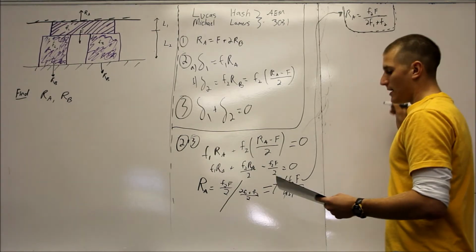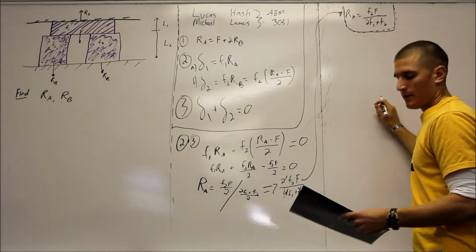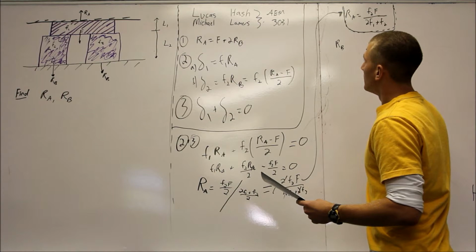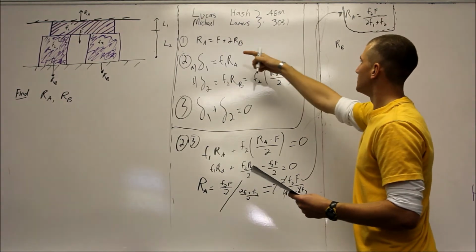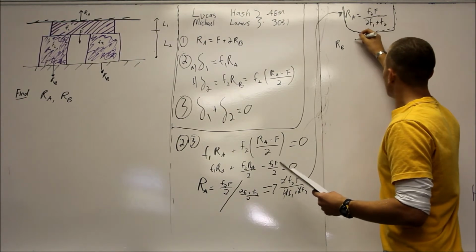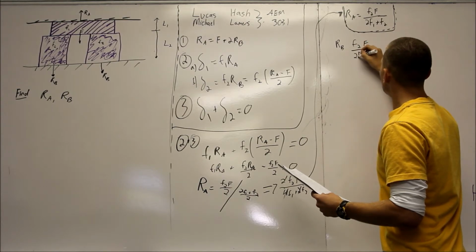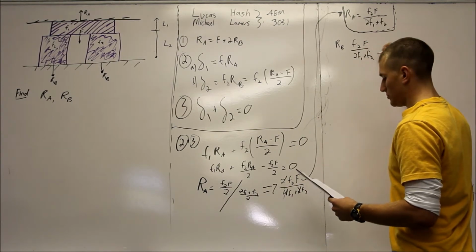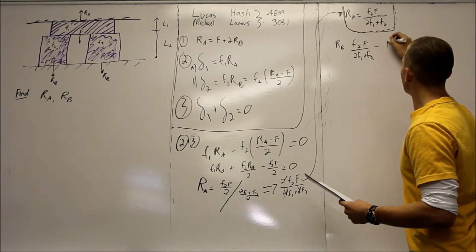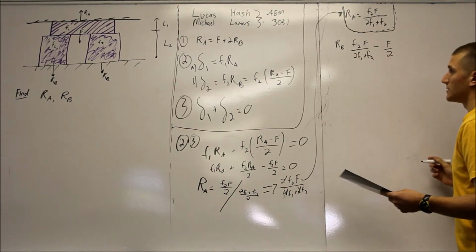Now to solve for RB, it's actually pretty simple because we can go all the way back to equation 1. So we'll just have RB equals F2 F over 2 F1 plus F2, minus F. This time we're going to be dividing it by 2 because of solving for RB in that equation.